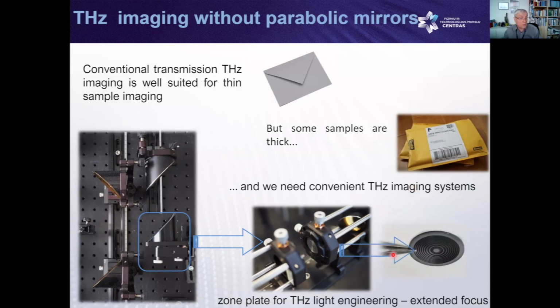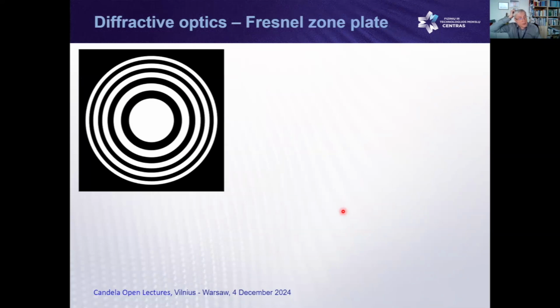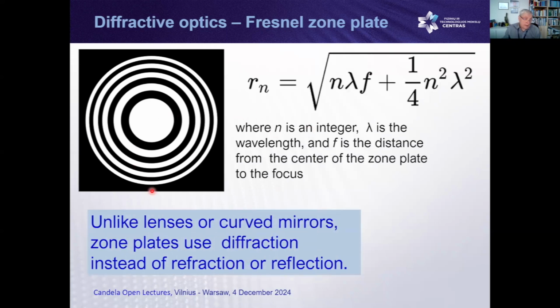So let's go with Fresnel zones. In a previous lecture, you have heard about diffractive optics and the main formulas needed to calculate the structure. And in comparison to conventional optics and curved mirrors, zone plates use diffraction instead of refraction or deflection.